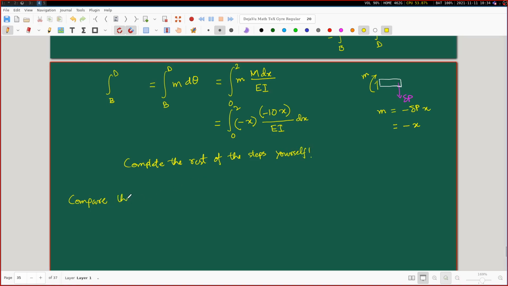Compare the above solution based on the principle of virtual work with the solution based on Castigliano's theorem.